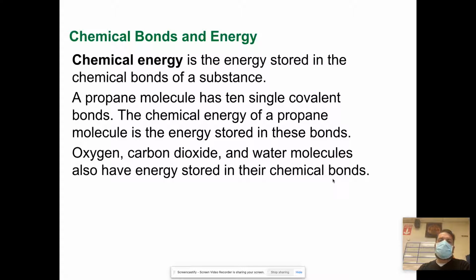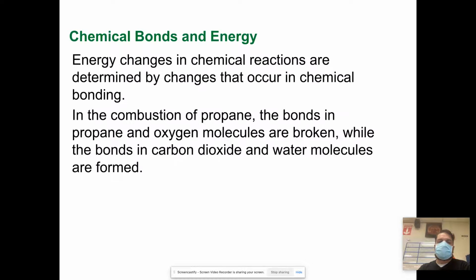Chemical energy is the energy stored in the chemical bonds of the substance. The propane molecule has 10 single covalent bonds. The chemical energy of the propane molecule is the energy stored in these bonds. Oxygen, carbon dioxide, and water molecules have energy stored in their chemical bonds as well.